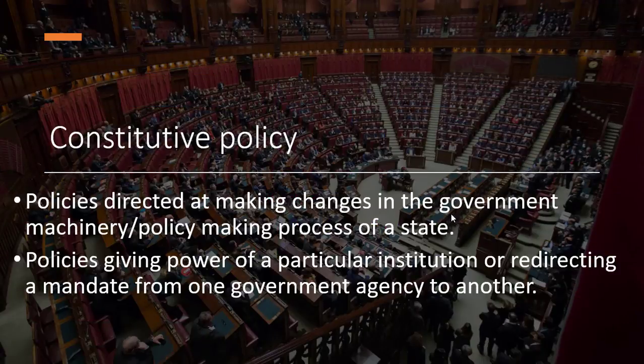Now, the final type of public policy we're going to talk about is the constitutive public policy. Constitutive public policies are basically policies directed at making changes in the government machinery or the policymaking process of the state. These are policies giving power to a particular institution or redirecting a mandate from one government agency to another.